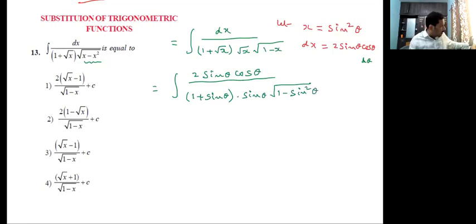What is the 1 minus sine square theta formula? Cos square theta. Root cos square theta, the square root cancels. It will come only cos theta.